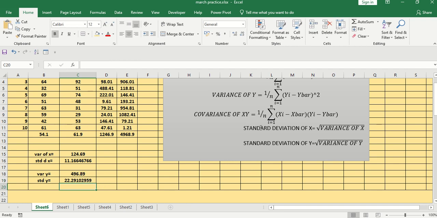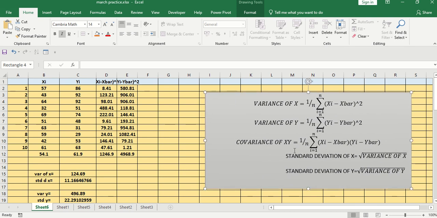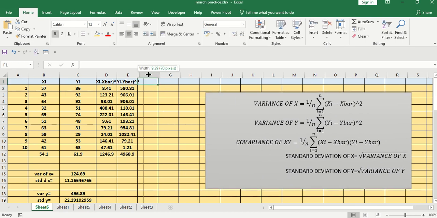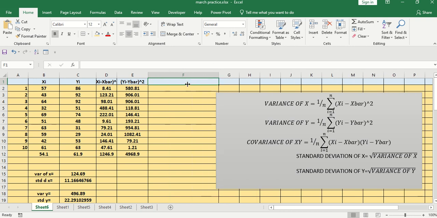Now we want to calculate the covariance, which is our last step here. Now the covariance is given by this formula. So this is what we are going to do. Let's write the formula here.